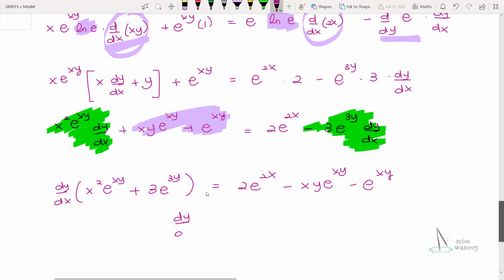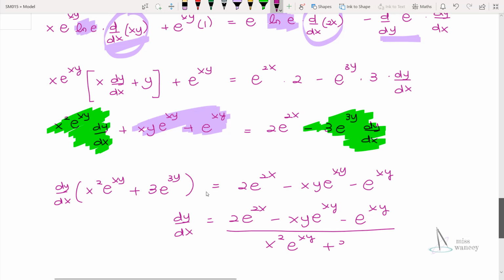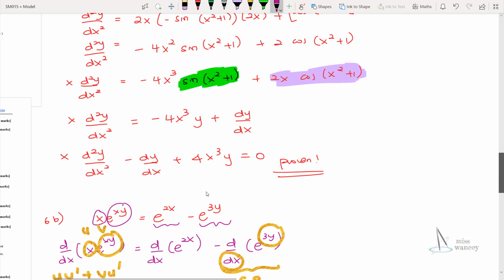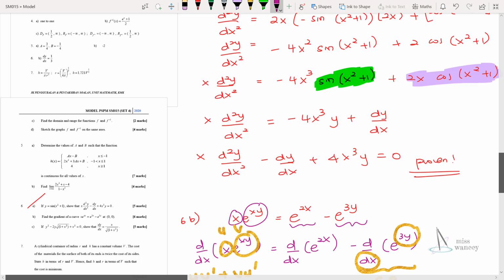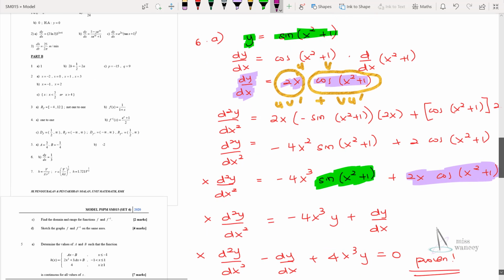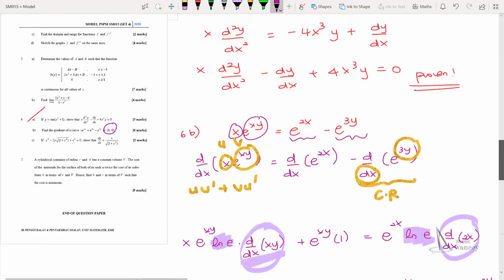So dy over dx will be equal to 2e^(2x) minus xy e^(xy) minus e^(xy) over x squared e^(xy) plus 3e^(3y). So it said in the question that x is 0, y is also 0, so let me replace the value of x and y.